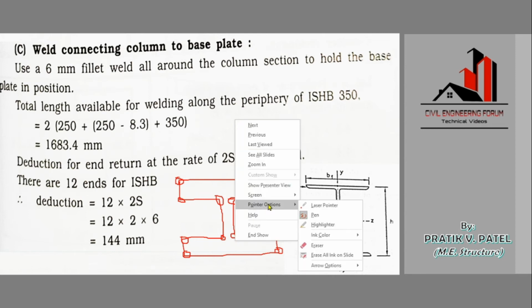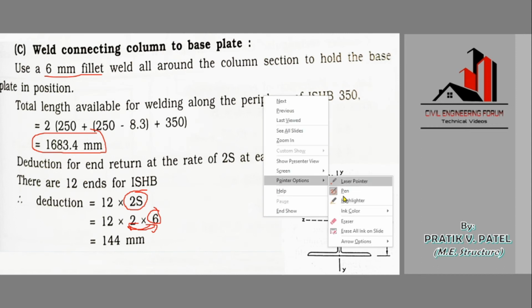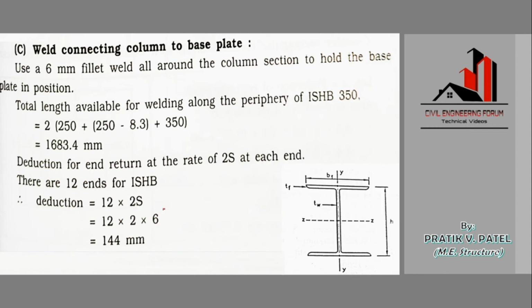So depending on the number of ends, 2 into S will be subtracted from the total length. That is 2 into size of the weld, that is minimum leg size, that is 6, as we had fixed it over here. 2 into 6, that is 12. 12 into number of ends, that is 12.